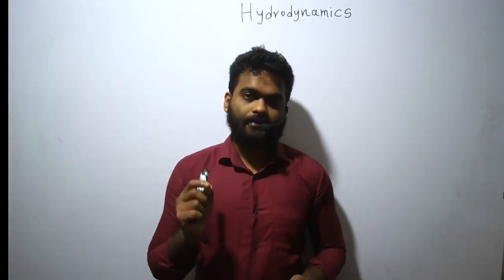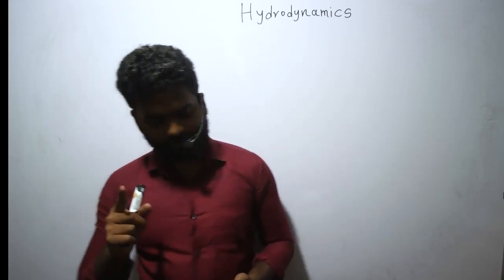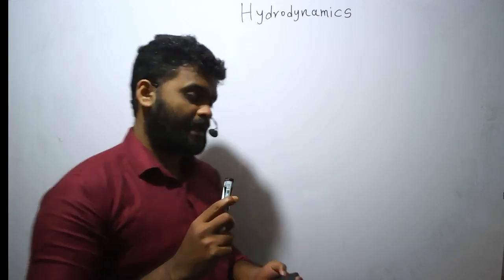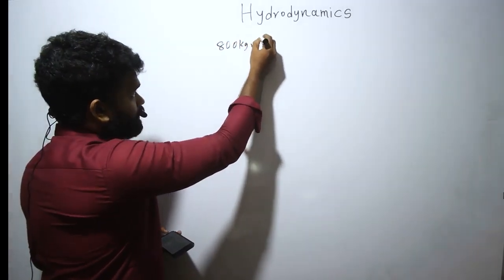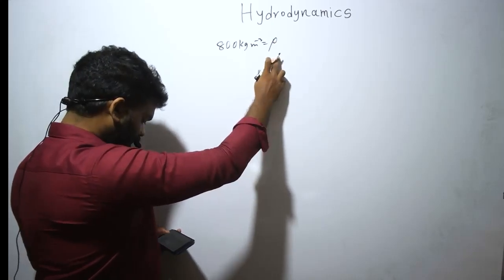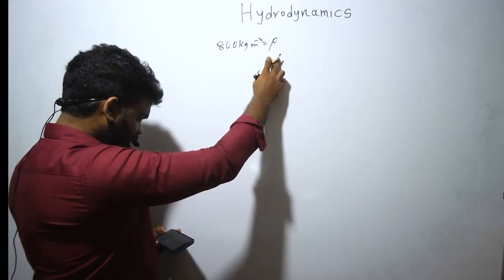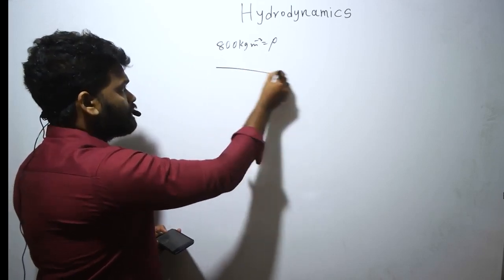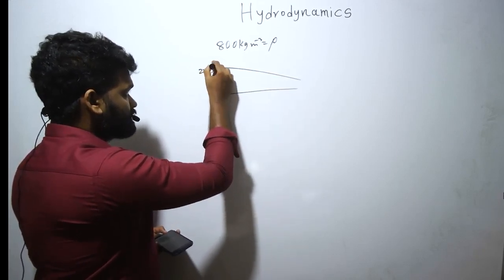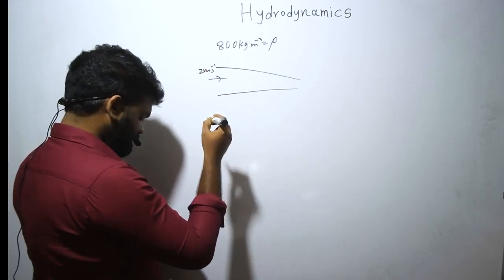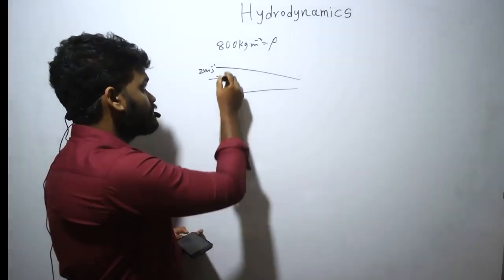Okay. Right. Fifth question. An incompressible fluid with density 800 kilograms per cubic meter flows through the first end of a pipe at 2 meters per second. Here the speed is 2 meters per second. Two ends of the pipe have cross sections with diameters.